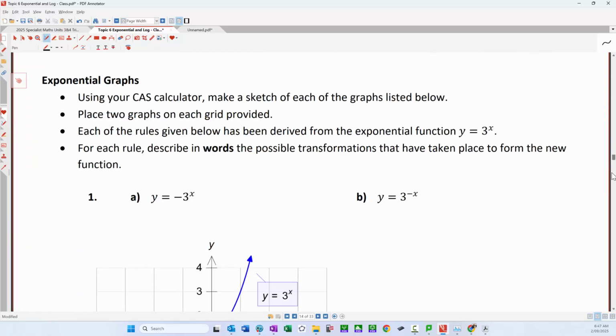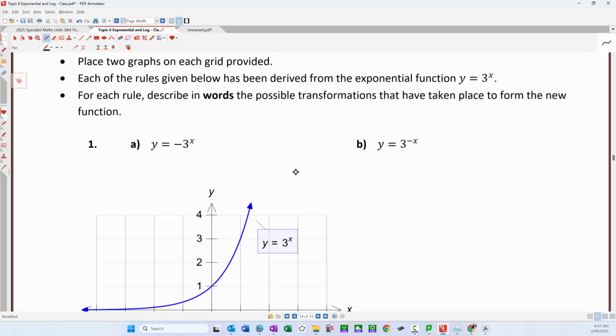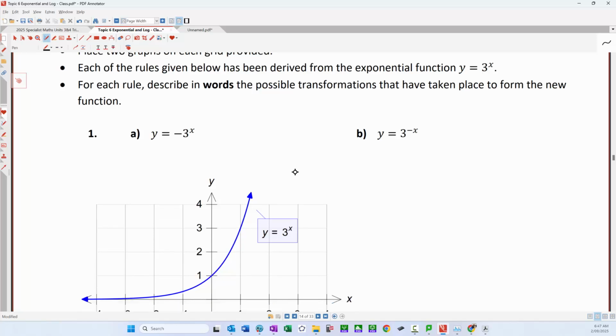All right, so we've got some different transformations we can do. Now, what's going to happen with this is just like a parabola. This one here is a reflection in the x-axis.